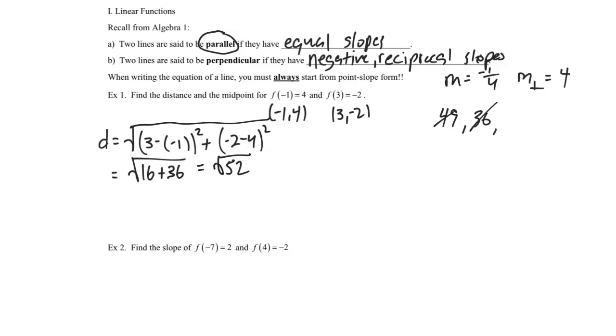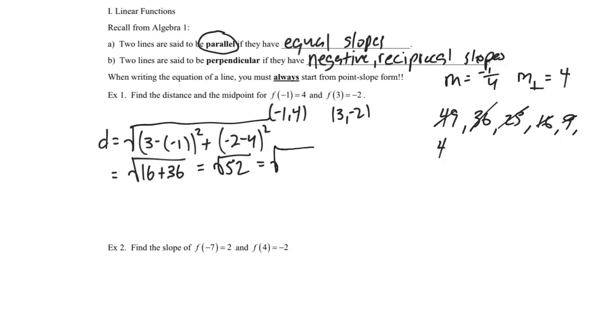That doesn't go in evenly to 52. You'd have 25, which doesn't go in evenly. 16, which doesn't go in evenly. 9 does not go in evenly. And 4 would be the only other perfect square that is smaller than 52, and that one does go into 52 a total of 13 times.